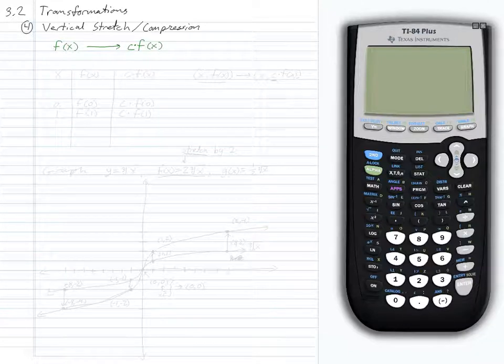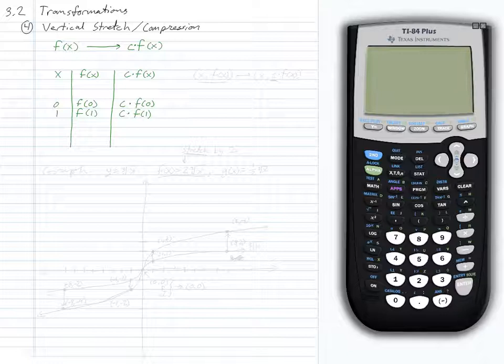what changes? Well, if we plug in some x values and we evaluate them in our function, then we are going to multiply those y values by that constant. So if I plug in 0, normally I would get f of 0, now I'm going to get c times f of 0. If I plug in 1, normally I would get f of 1, now I'm going to get c times f of 1.